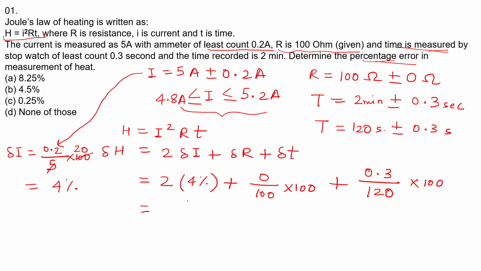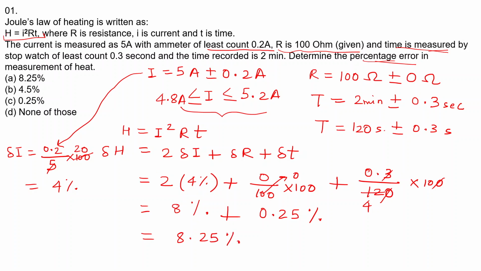So what we'll find, this is 8%, this is 0, and this is 1 by 4. So 1 by 4 is 0.25, right? So the total error will be 8.25%.